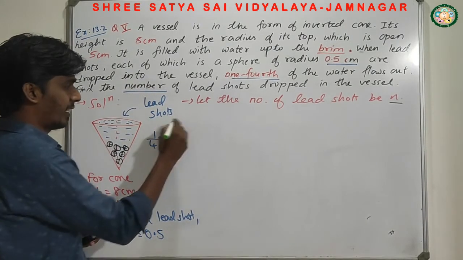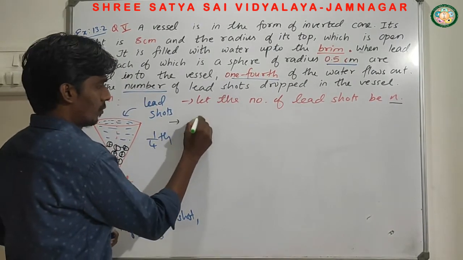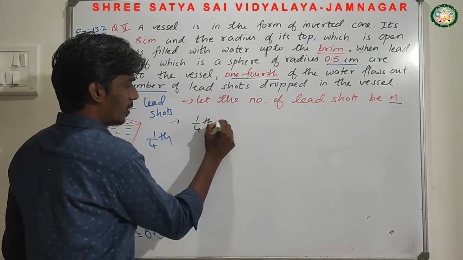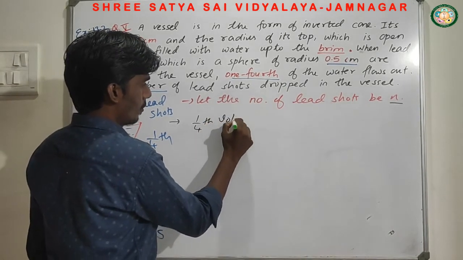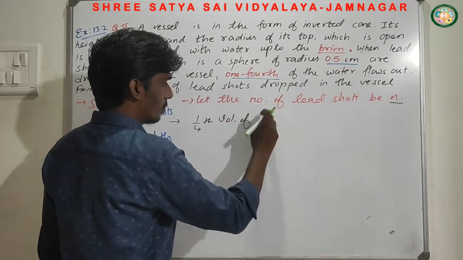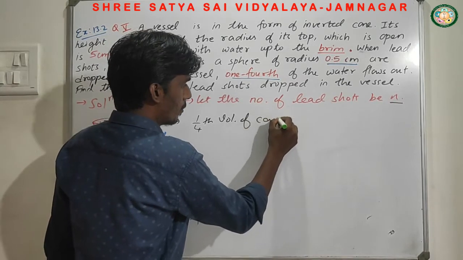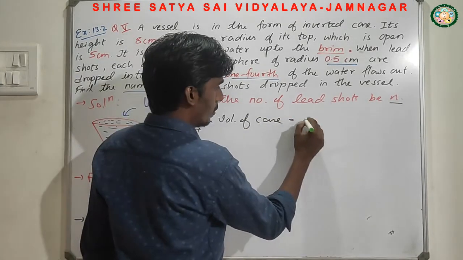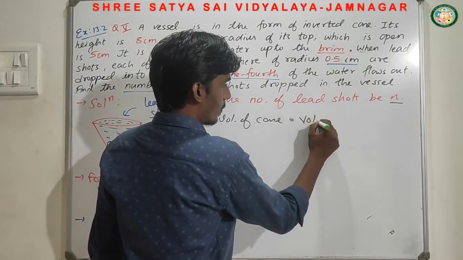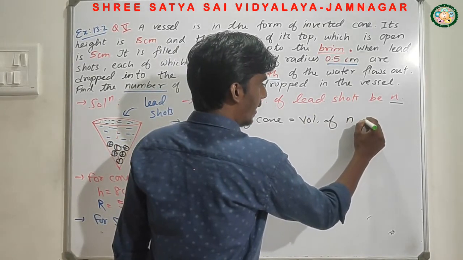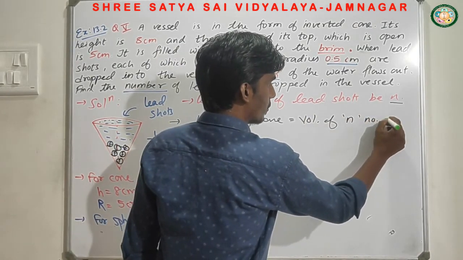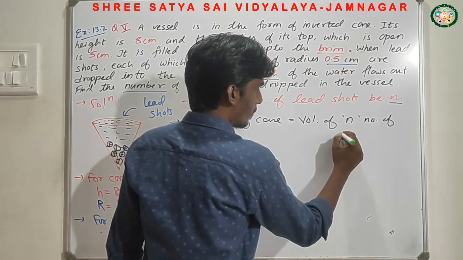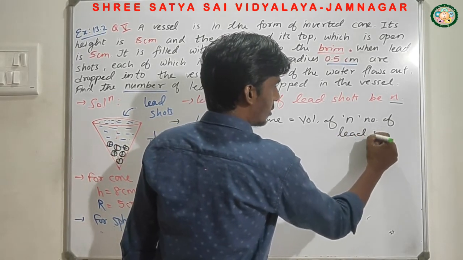So from this I can say that 1/4 volume of cone equals the volume of n lead shots.